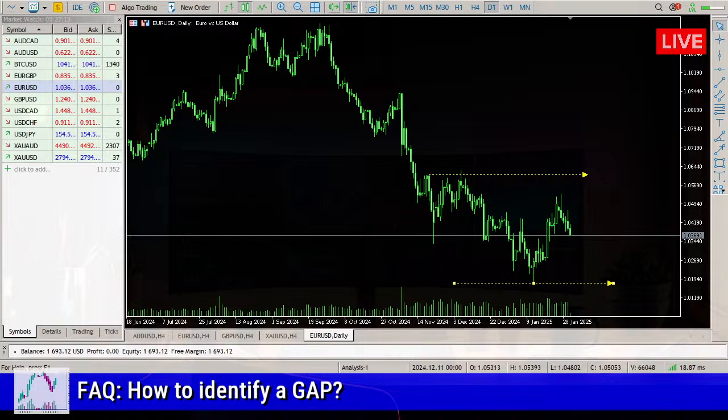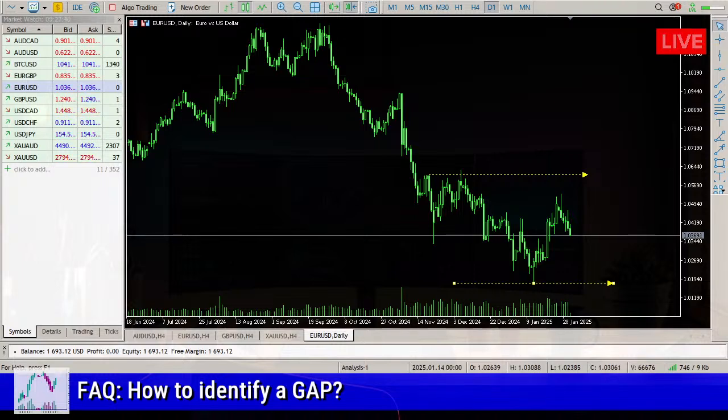Then from here, I know the location where the price has something important. From here, we know that this is the resistance for the daily time frame. This is the support for the daily time frame.